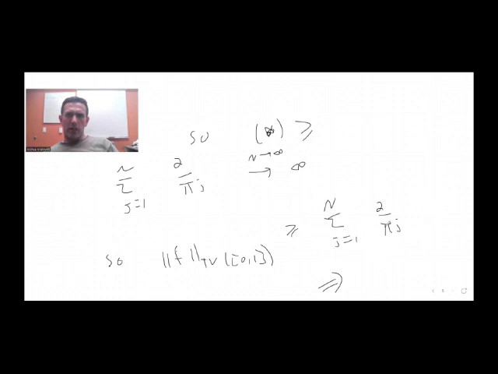This is true for each n, so that implies this is infinity. So f is not of bounded variation.